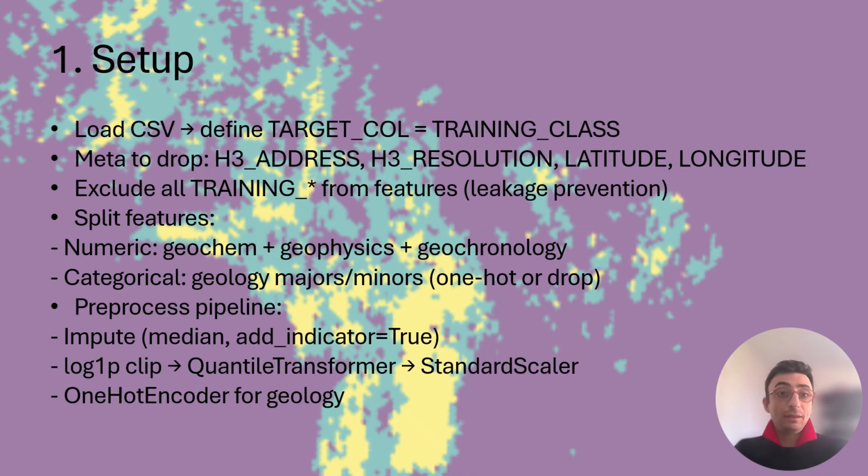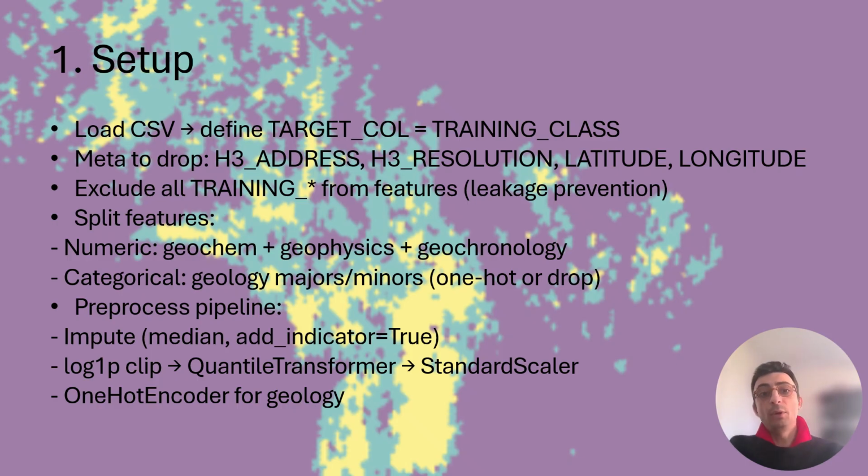What we are doing is to lock down clean feature lists and a single pre-processing pipeline. All training columns except the target are excluded. Numeric features get imputed, stabilized, and scaled. Geology is one-hot encoded, and this guarantees the exact same transform at train and predict time.